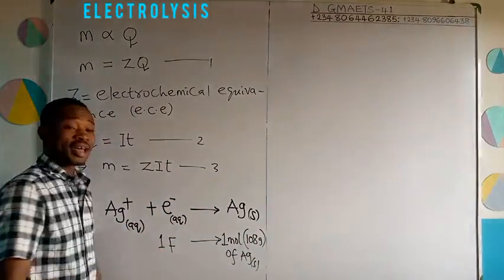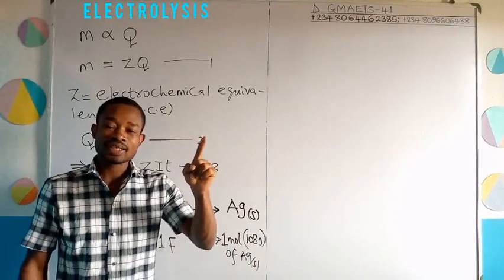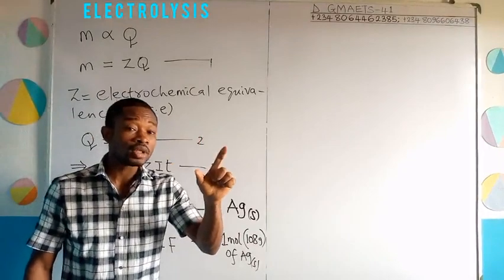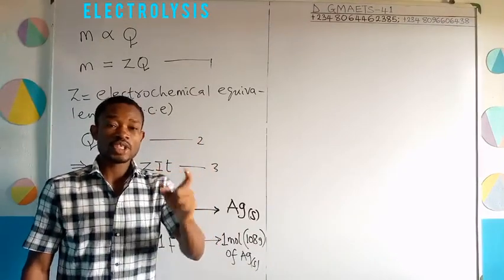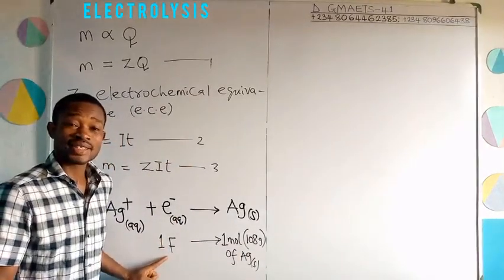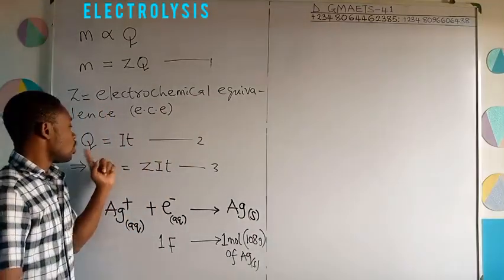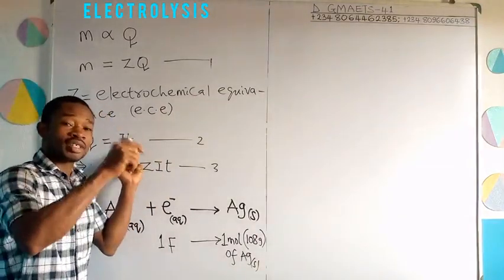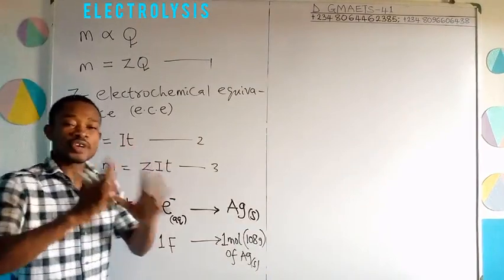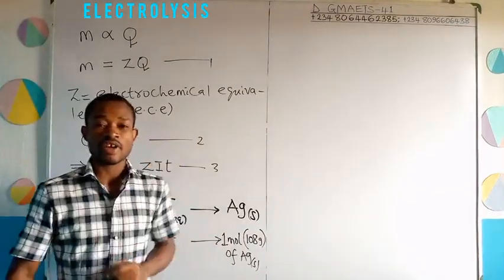This 1 Faraday has an equivalent. 1 Faraday is equal to 96,500 coulomb of electricity, which means the quantity of electricity in 1 Faraday is equal to 96,500 coulomb. It's a standard. You see this Q, quantity of electricity, which is equal to current times time. For every 1 Faraday, this current times time value is 96,500.